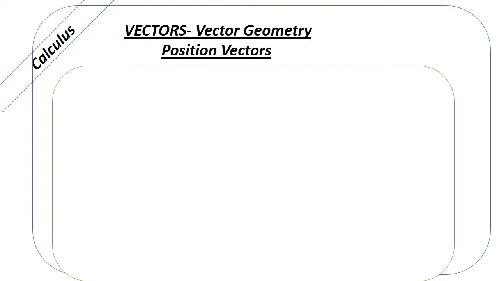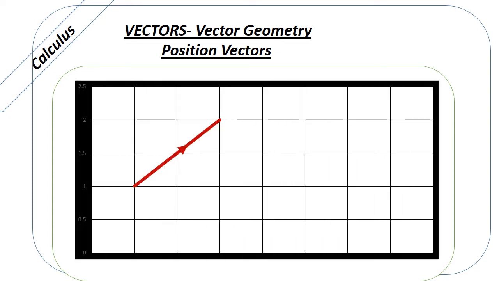Next, we look at position vectors. Position vectors are column vectors, but they are more concerned with the position. Position has to do with where something starts to where something ends. Remember, when we were discussing the graphical method, we talked about this vector.